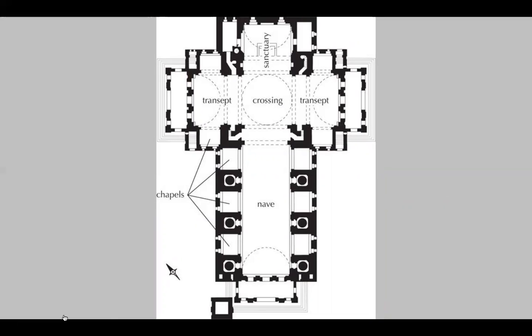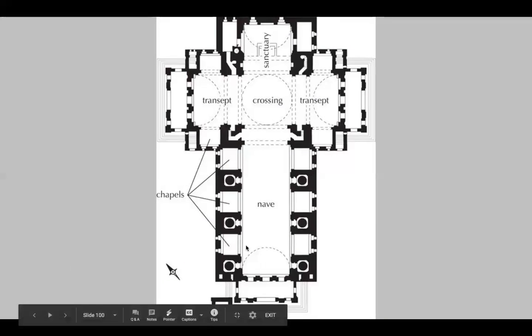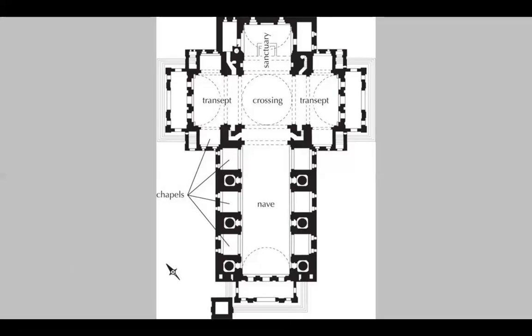However, that's not what religious leaders of the day wanted. They wanted processionals. So even though it's not a central plan church, you can see the reflection of circles and squares in his architecture. Notice the shape of the crossing: a perfect square with a circular dome above it.